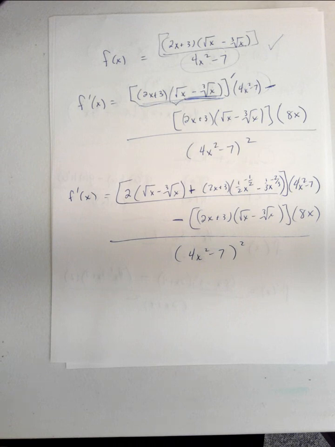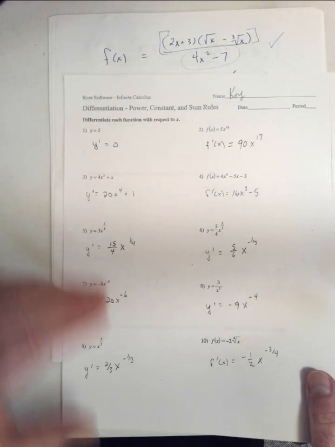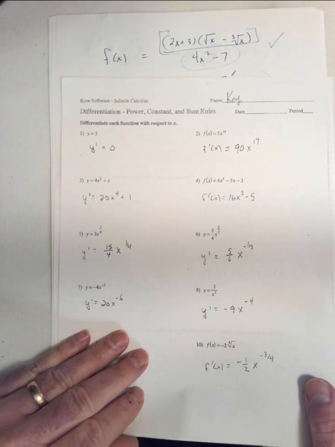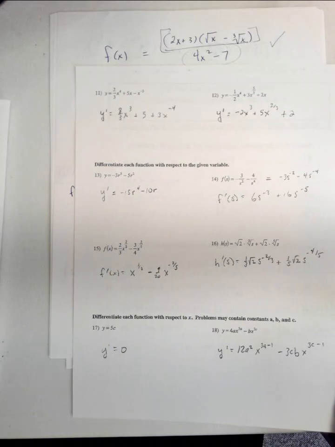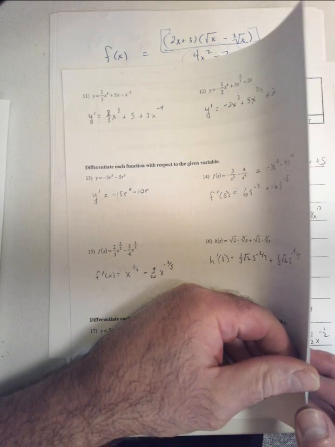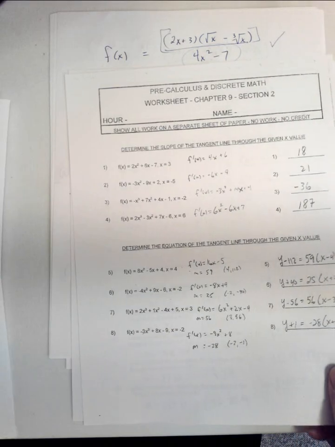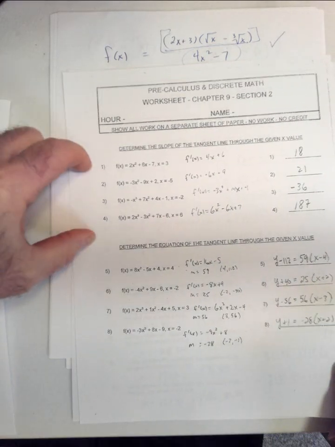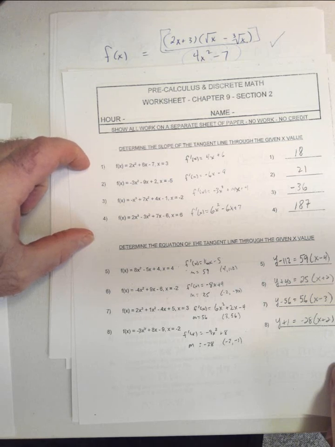So you've got some worksheets. Kind of go through what you're doing, like in this, we're just doing power rule stuff. More power rule stuff. Just practicing the power rule. And then determine the slope of the tangent lines.